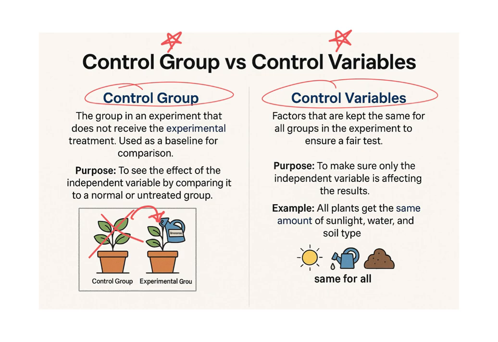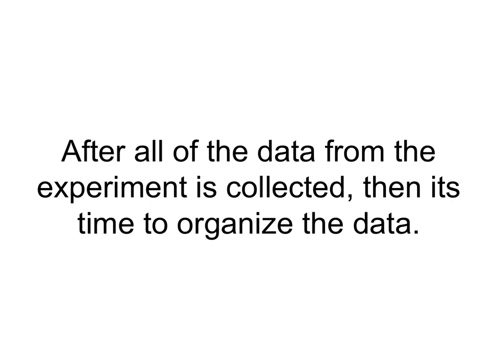Now, control variables are anything outside of your independent variable that could also affect the dependent variable. So if we're talking about that nitrogen growth from the previous example, yeah, nitrogen will affect the growth, but so would how much you water it, the temperature, how big the pot is. So if you were going to do that experiment, you've got to know all of the external factors that you'll need to keep the same so that your experiment stays consistent.